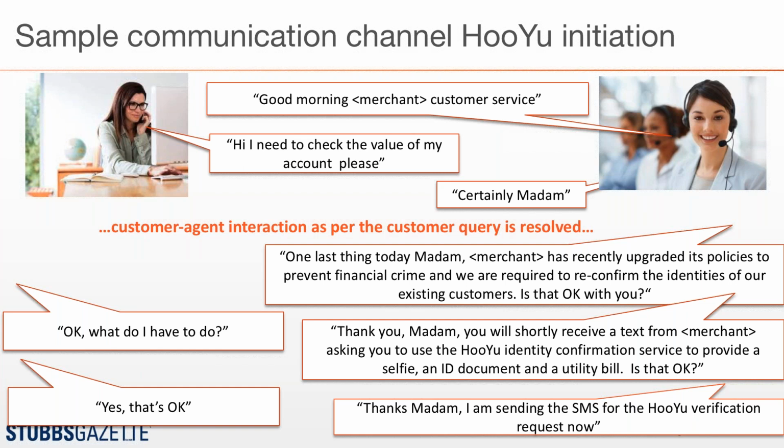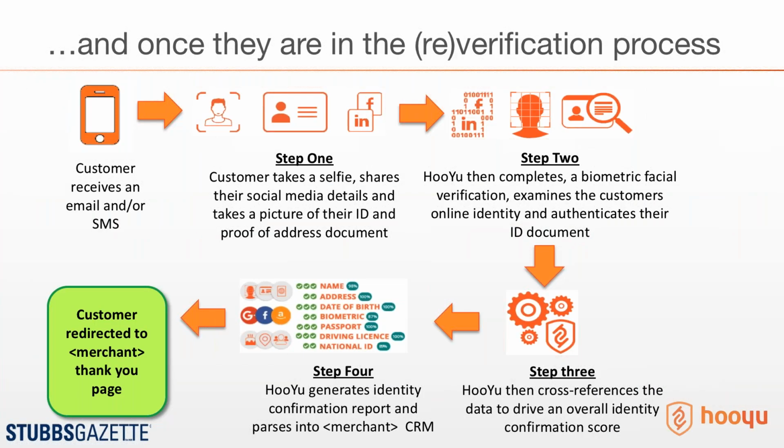So once they click on that SMS or the link in the email that they receive, then they get taken through to a branded instance of HooYu that is branded per your credit union brand colors or per your bank colors. So it looks and feels like it's part of your process.